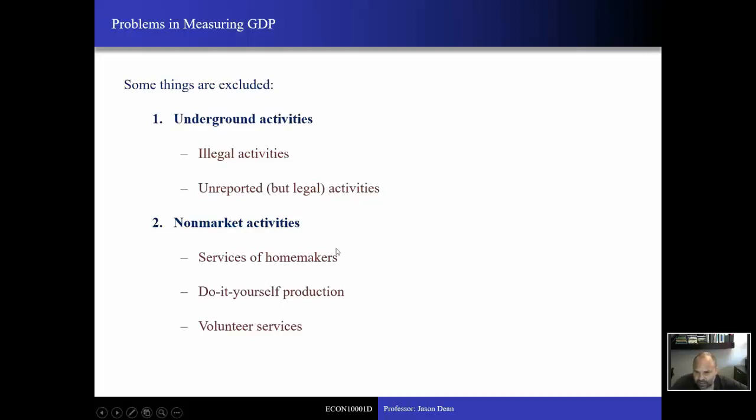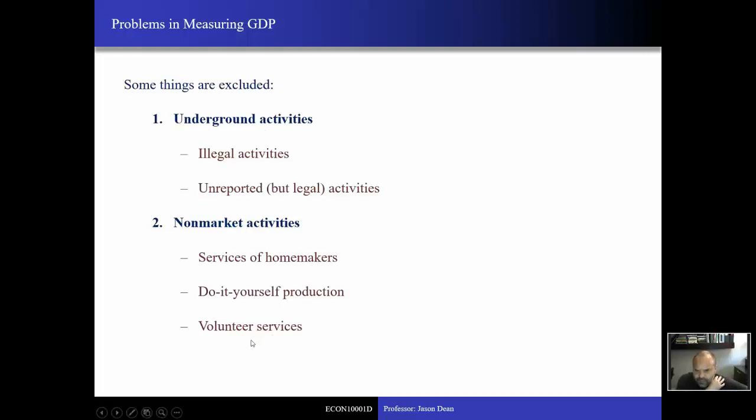Also non-market activities. So there's again, a lot of production that is important that occurs, but it's not going to be in the GDP measure, like any home production. So anything that you produce around the home, that's obviously not going to be included in the GDP figure. Other things like volunteer services, again, are not going to be included in GDP.